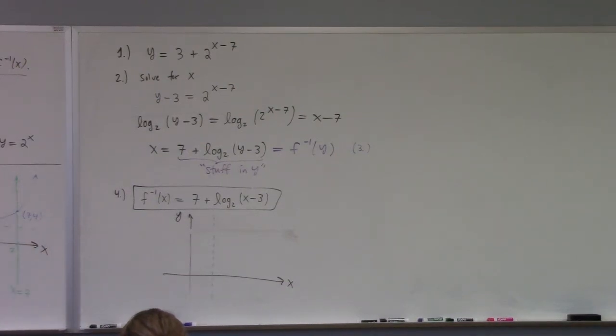Let me try to make a sentence here. That vertical line, x equals 7, is to the graph y equals 3 plus 2 to the x minus 7, as the y-axis is to the graph y equals 2 to the x. So if I was to draw an axis that's vertical with respect to the given function, that plays the same role as the y-axis for the graph y equals 2 to the x, which looks like this.